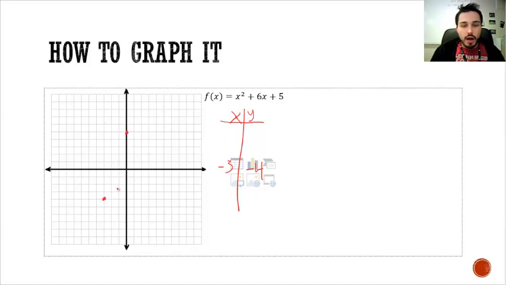And then off to the side, we've got 2 above and 2 below. Negative 2, negative 1, negative 4, negative 5. And I'm actually going to do something a little bit unusual. I'm going to go one further because we already have this little point right here. I have 0, 5.